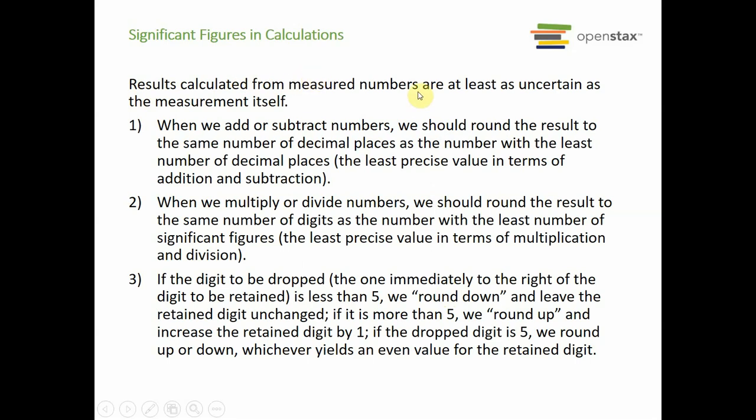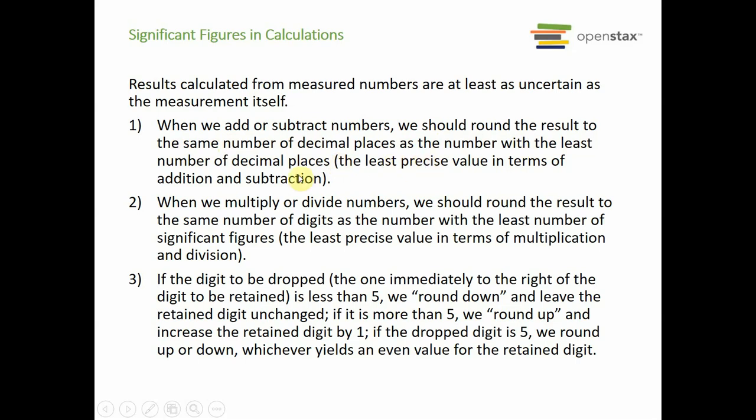Results calculated from measured numbers are at least as uncertain as the measurement itself. When we add or subtract numbers, we should round the result to the same number of decimal places as the number with the least number of decimal places.